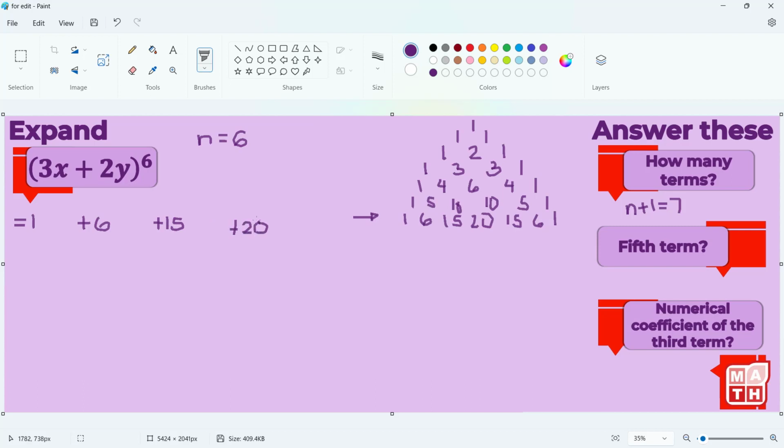But of course, if there are negative results, we will have to use the negative sign. But I believe we don't have a negative sign here because the operation here is plus, or the sign of the coefficient of y is positive. We have here plus 6 and we have here plus 1. So we have 7 different terms using these 7 coefficients.